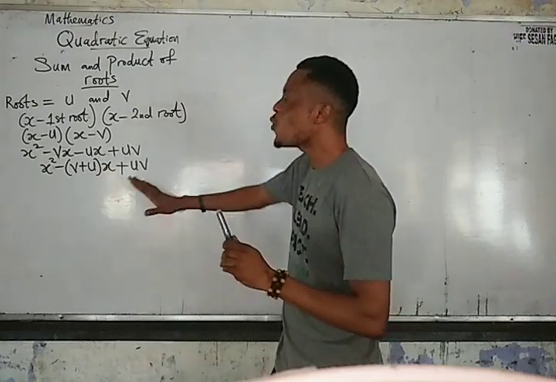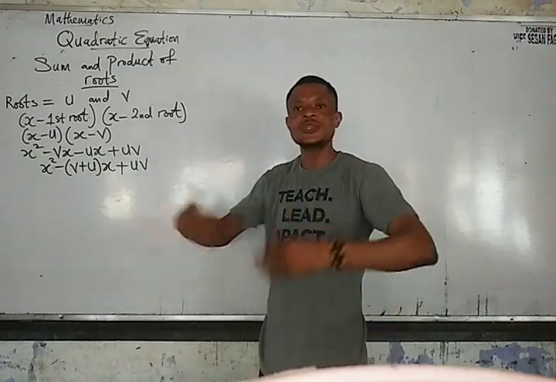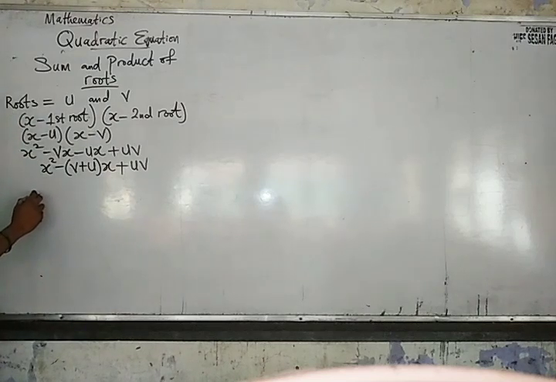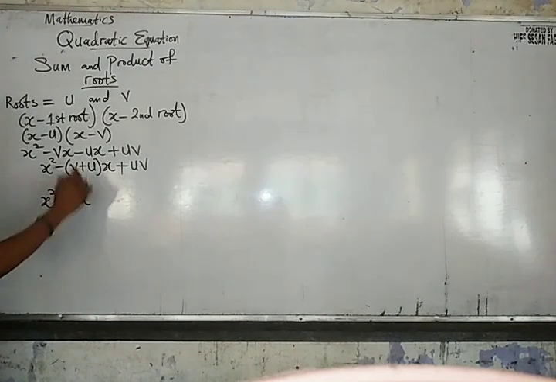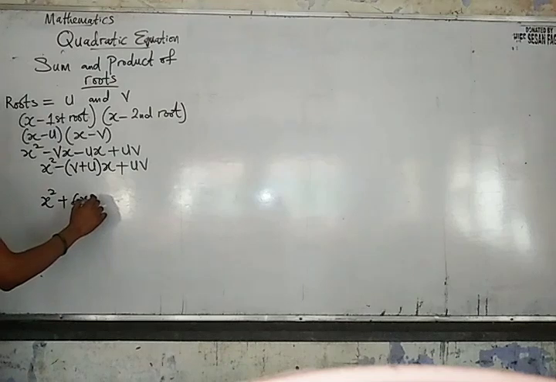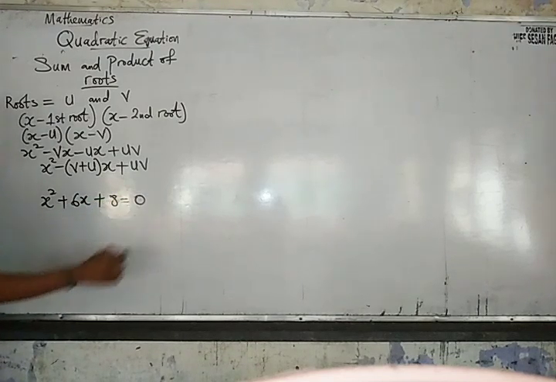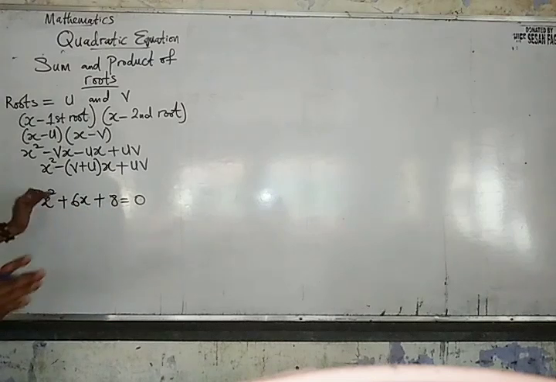Meaning that from the question, let me just give an assumed value here. Let's assume that we have maybe x squared plus 6x plus 8 equals 0. An assumed question.